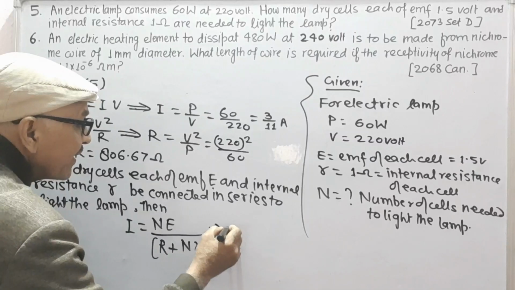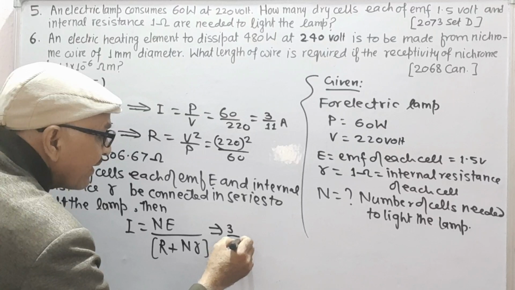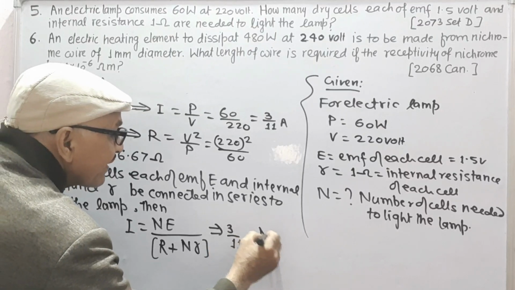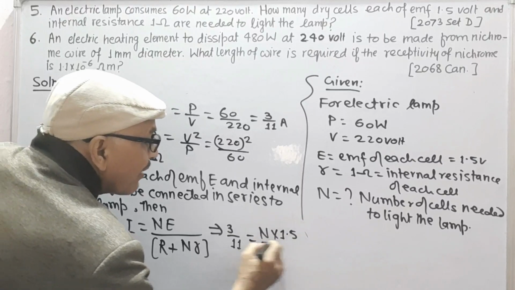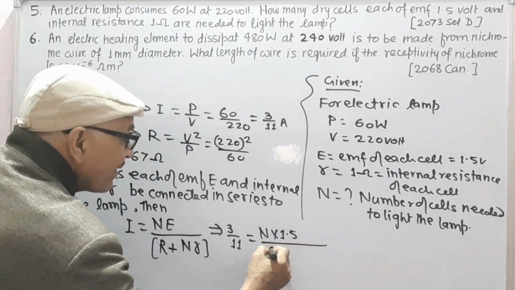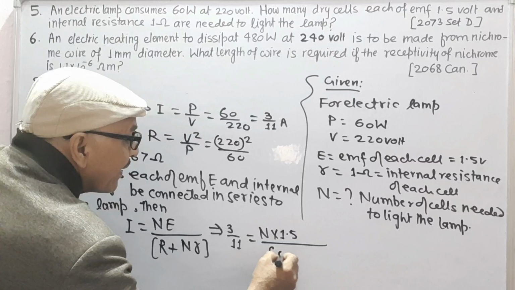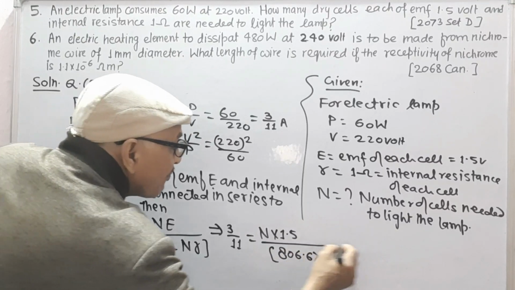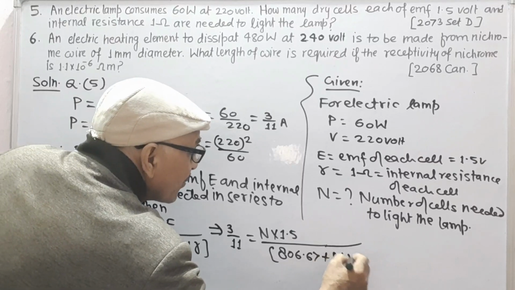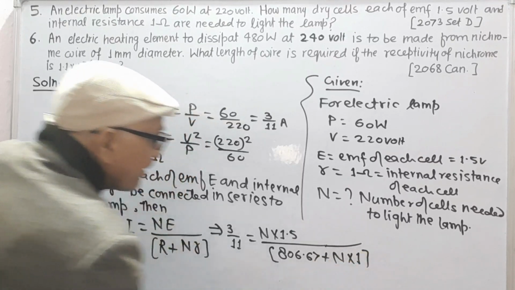So we get 3 upon 11 as n into 1.5 upon R, which is 806.67, plus n is unknown, small r is 1.